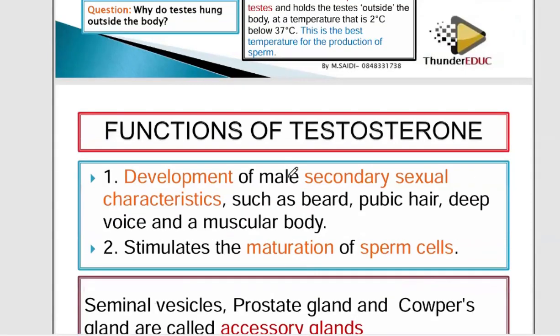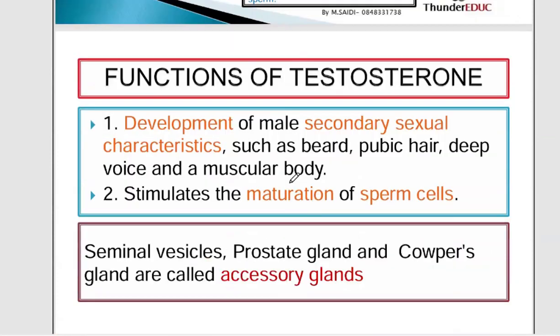The second part is we say that testis provide a hormone which we call the male hormone. That male hormone is called testosterone. So which means it is very important for two things.